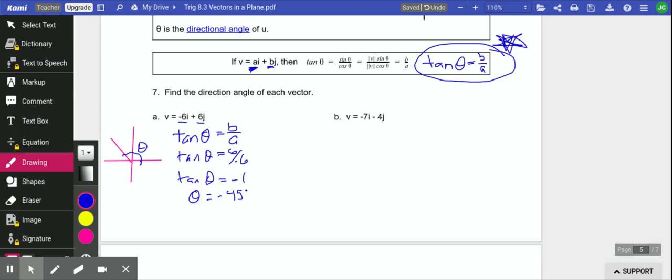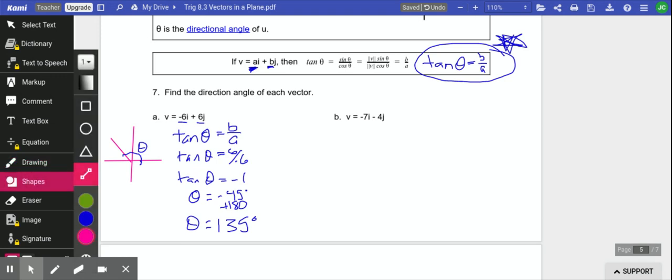We need to be able to say, oh no, it's in the other quadrant. We need to add 180 to that to get it in the second quadrant, because clearly the vector I drew was in the second quadrant. So theta is actually 135 degrees. So you can use your calculator to find these. You just might have to adjust to be in the correct quadrant.